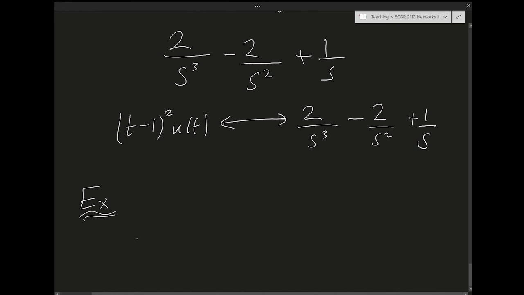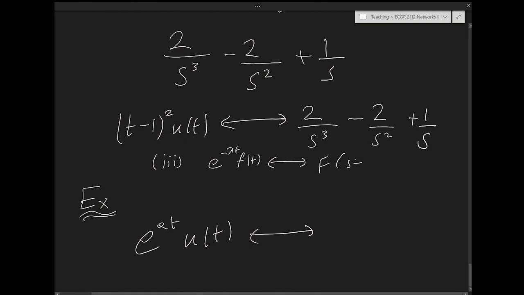So let's say I have e^(at) u(t). How do I transform this? Remember property 3. If I have e^(-λt) f(t), that transforms to F(s+λ). Same deal here. u(t) transforms to 1 over s, but multiplied by e^(at).